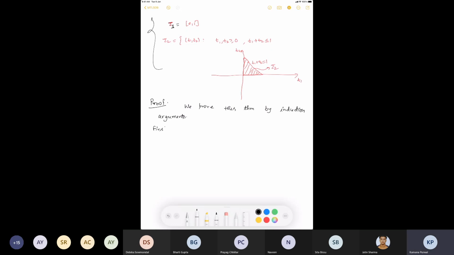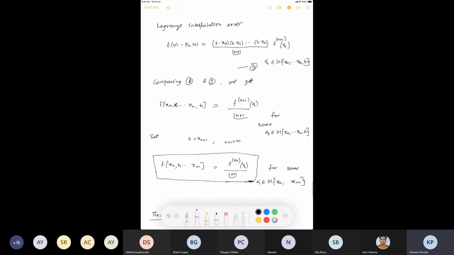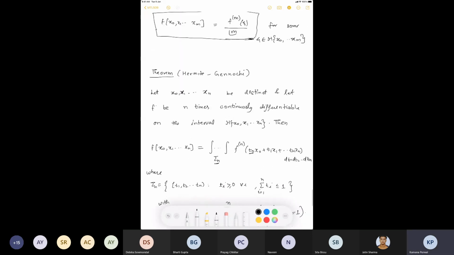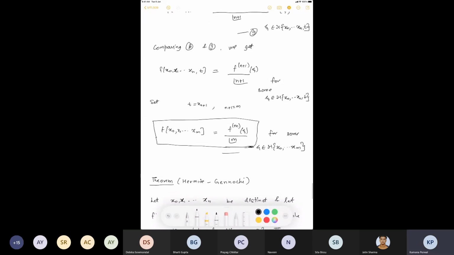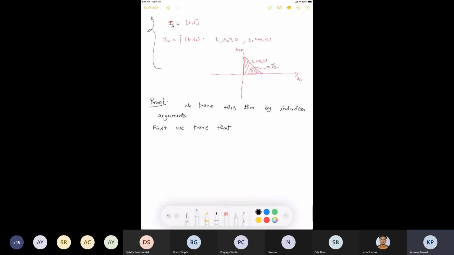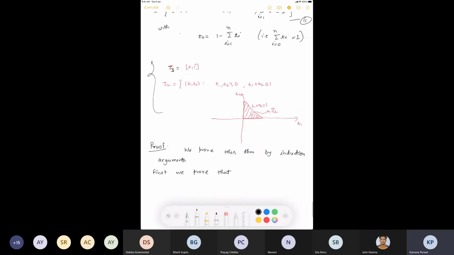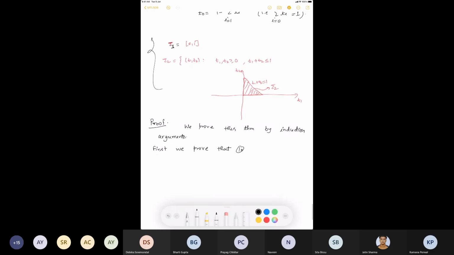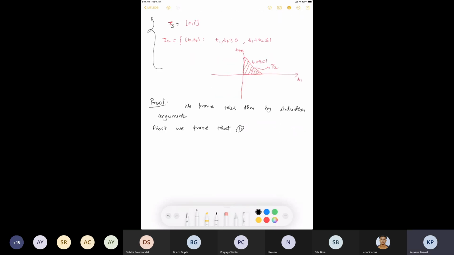I have to give equation numbers, so let's give this as 9, this as 10, and this as 11. First we prove that 10 holds for n equal to 1.